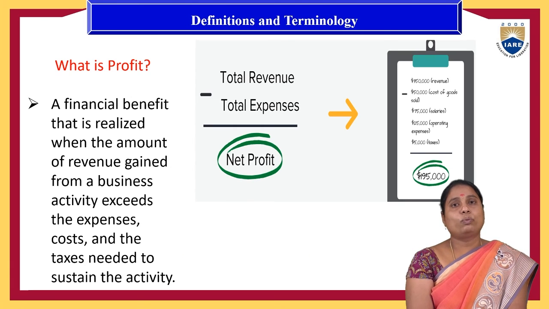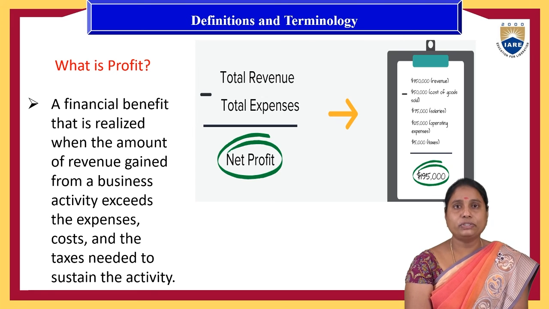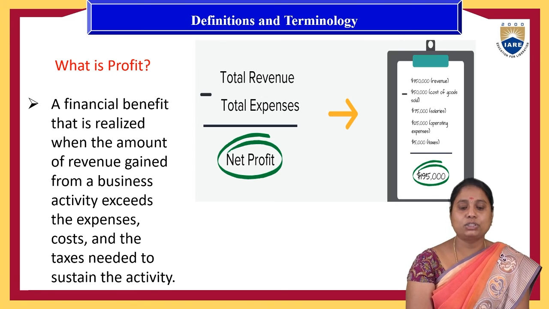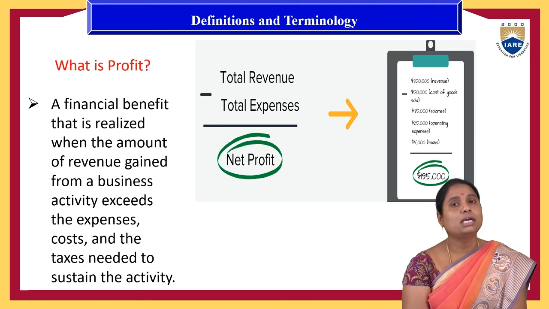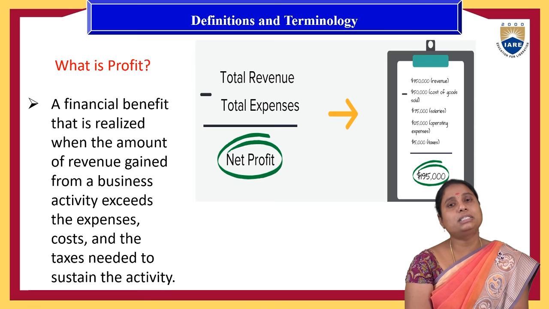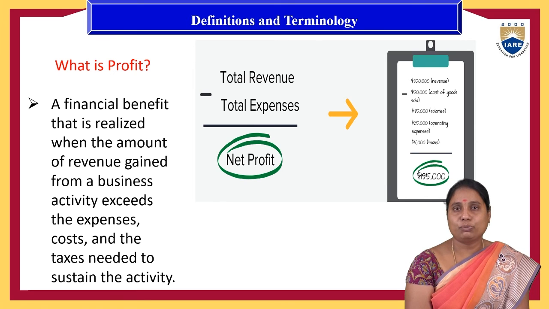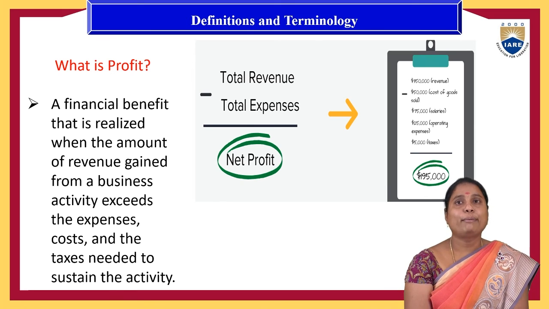Next concept is what is profit. Profit is the financial benefit that is realized when the amount of revenue gained from a business activity exceeds the cost which is incurred on that activity. Then it will be called the profit.